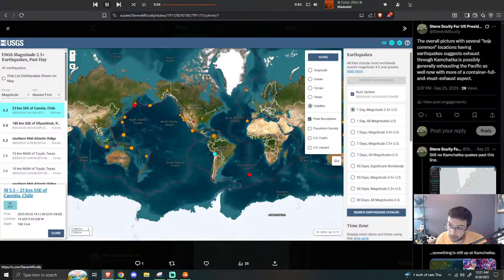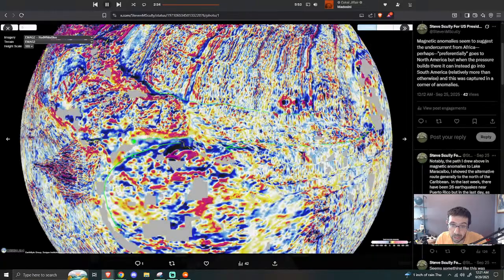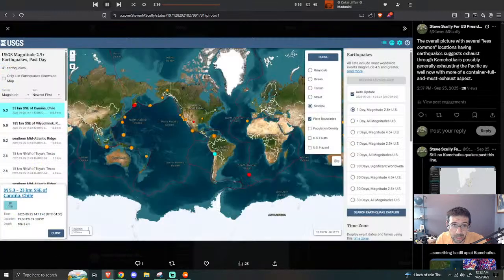The overall picture with several less common locations over here, up here, like things just haven't been happening there. Maracaibo, which I don't know if I finished talking about. No. Suggest exhaust through Kamchatka is possibly generally exhausting the Pacific as well, so like a filled pressure.